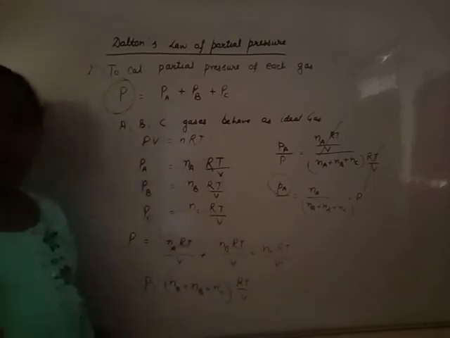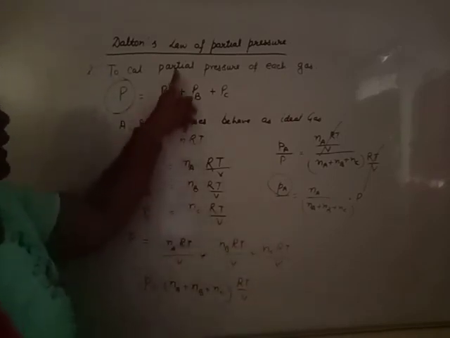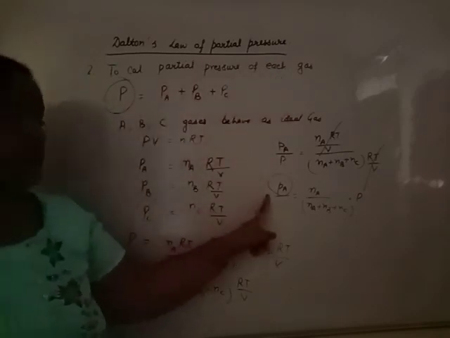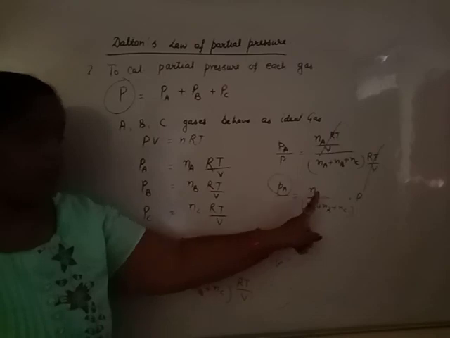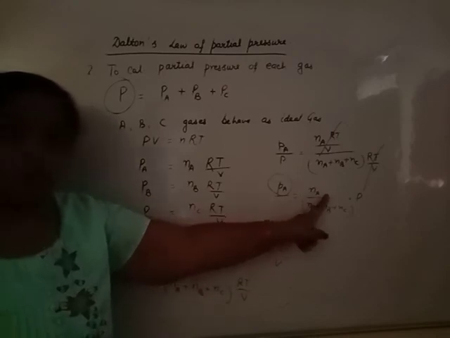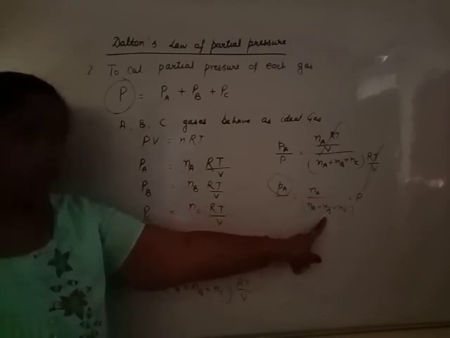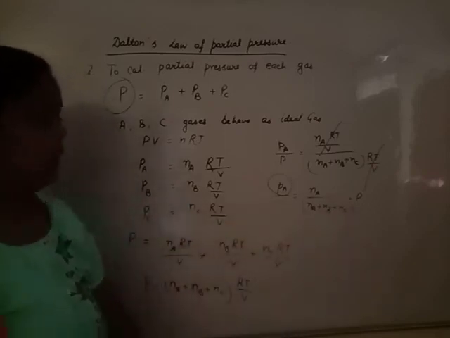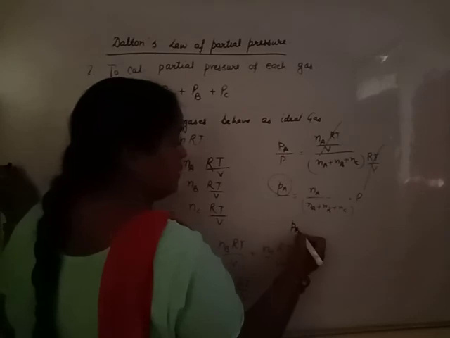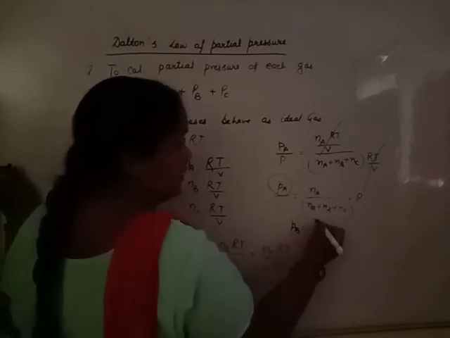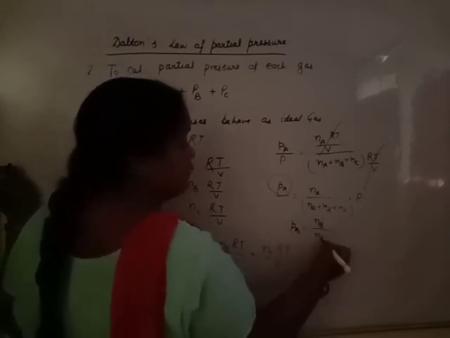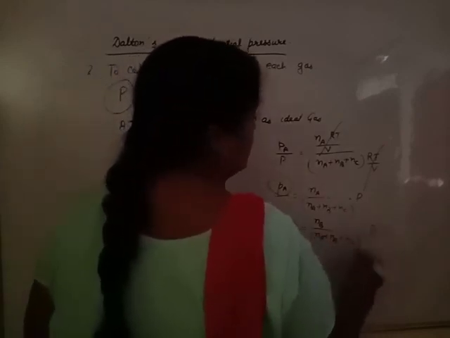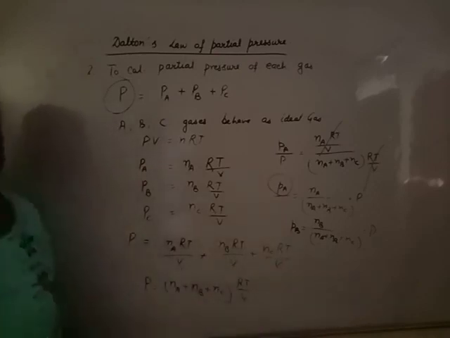That means if we want to calculate the partial pressure of a gas from the gaseous mixture, it is equal to the number of moles of that gas divided by the number of moles of all the gases, multiplied by total pressure. In the same way, we calculate the partial pressure of B: nB upon the number of moles of all the gases, into total pressure. Same for C, D, E and so on.